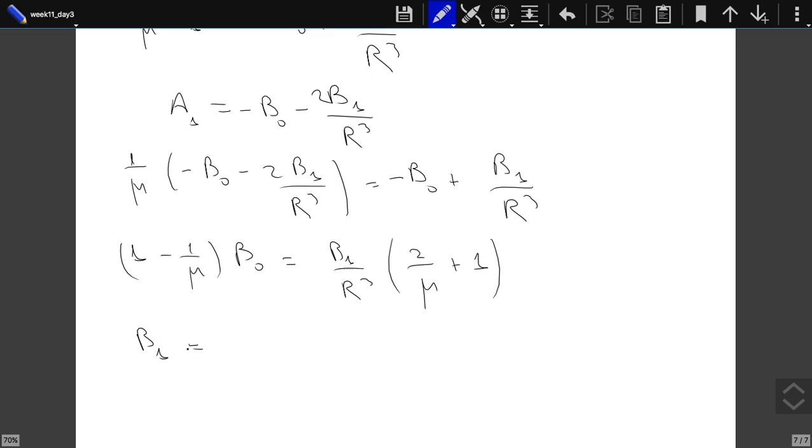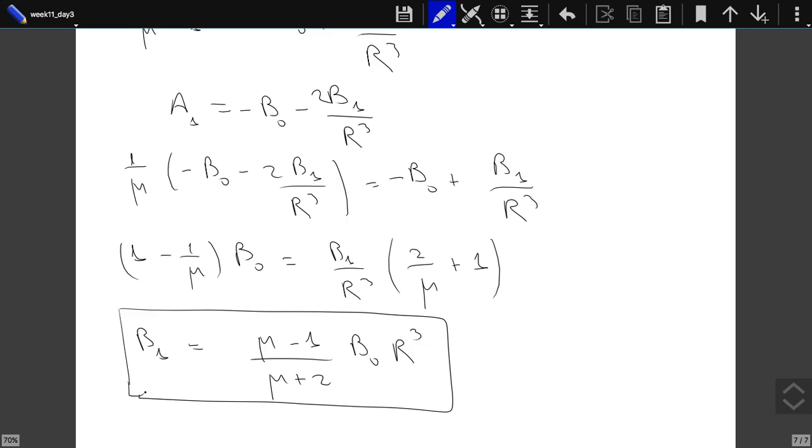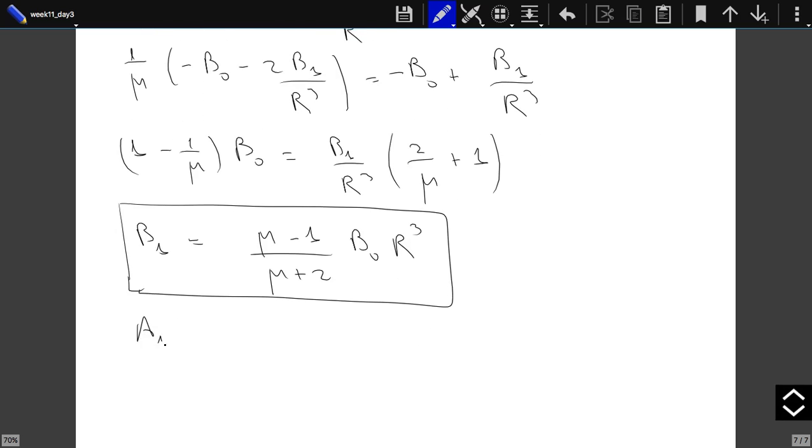Or B1 is equal to mu minus 1 divided by mu plus 2 B0 times R cubed. This is our B1. And A1, this was equal to minus B0 minus 2 B1 over R cubed.